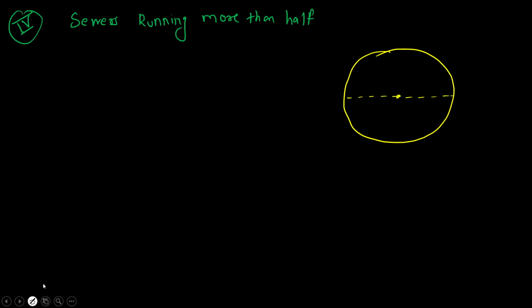Now more than half, so let's say the sievage is present up to this level. First we'll mark these two levels. Up to this point it is present. This is the value of radius r, and this angle we will name as alpha.